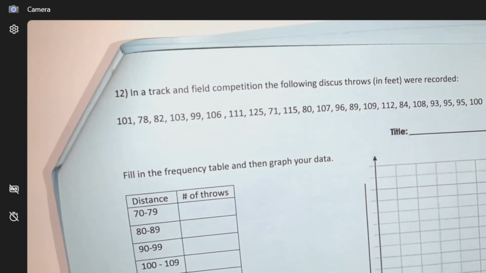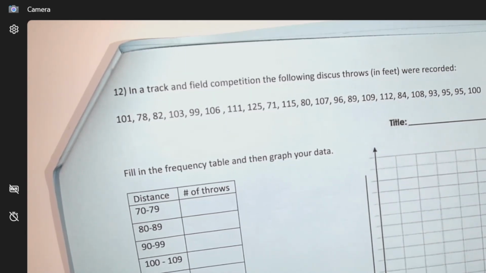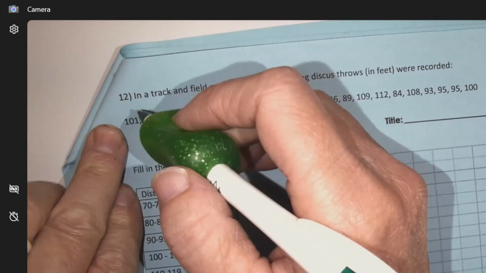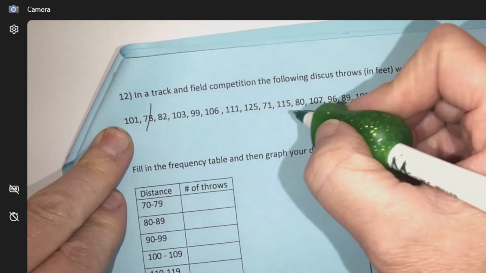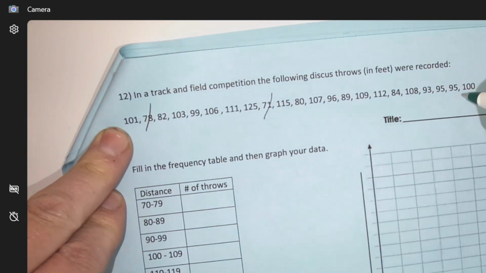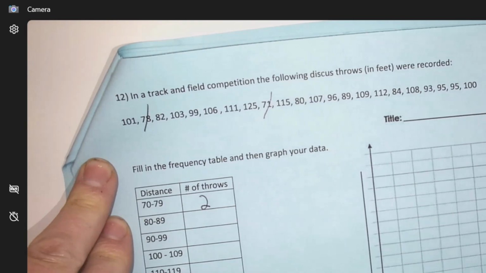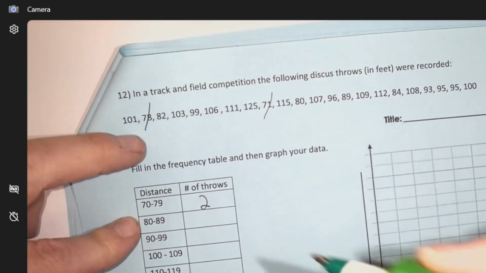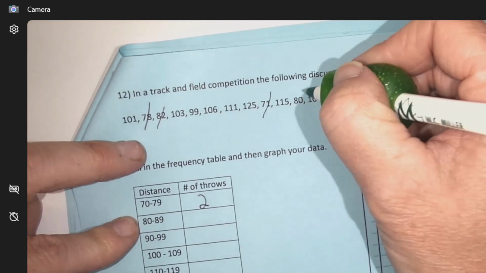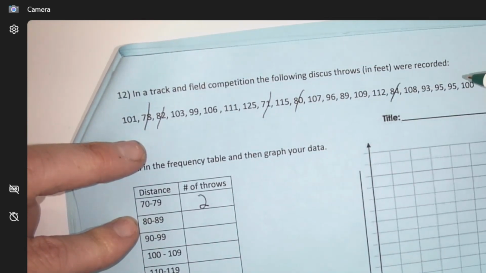Okay, track and field discus throwers, and so this is going to be a frequency table. So you're going to have to say who threw between 70 and 79. So I'm going to go 1, 2 people. Who threw anything in the 80s? 1, 2, 3.